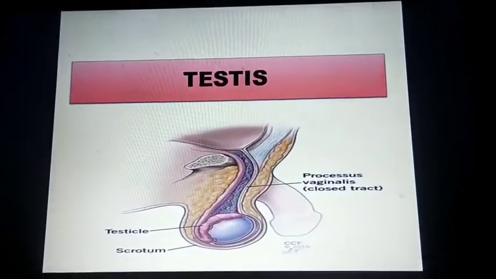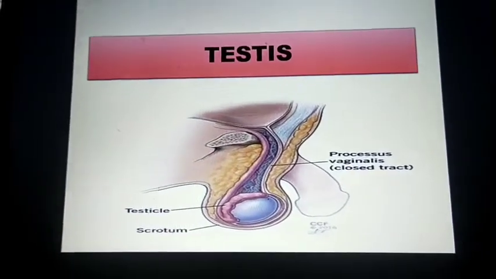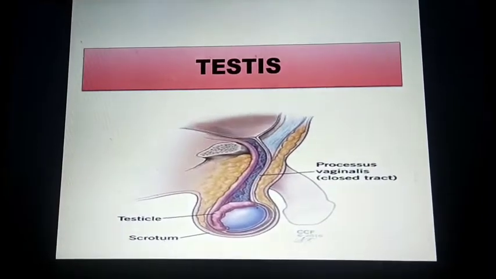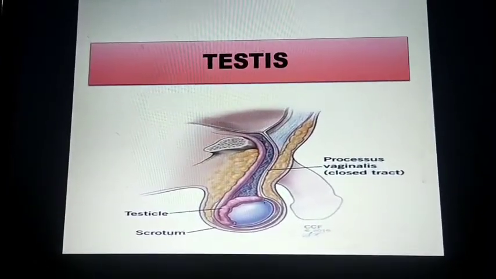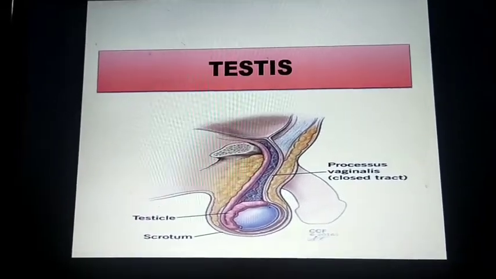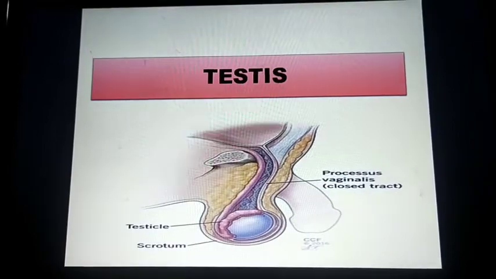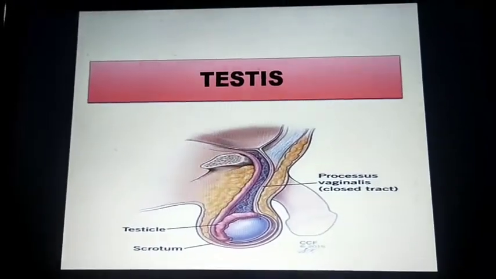Now we can go for the anatomy of the testis. Testes, also called testicles, are two oval-shaped organs in the male reproductive system, and they are contained in a sac of skin, that is nothing but the scrotum.